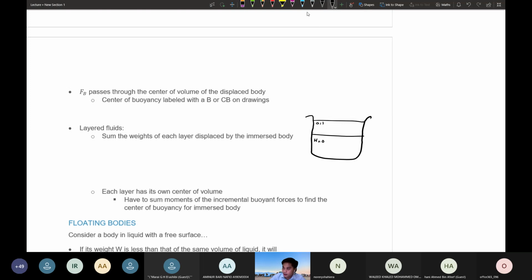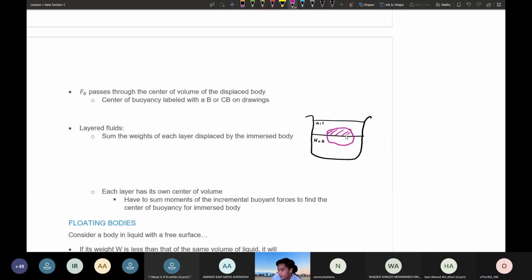And then you have the floating object. So what is the buoyancy force equal to? Equal to the volume of both fluids, oil and H2O.